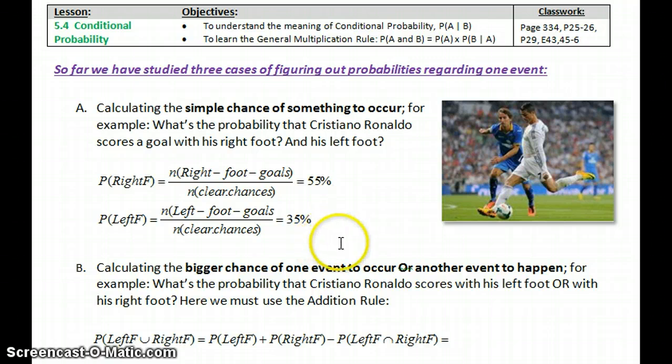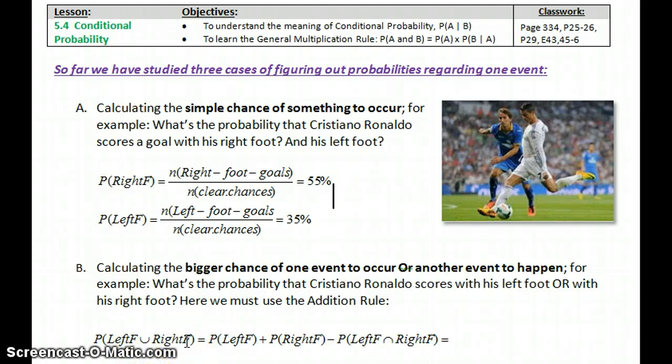All right. We also moved on and learned how to expand this probability, the chance of one event or another event, by calculating either that or the other one or both. So in this example, what would be the probability that Cristiano scores with his left foot or his right foot?